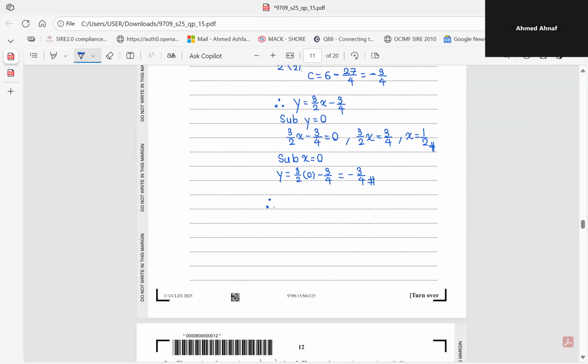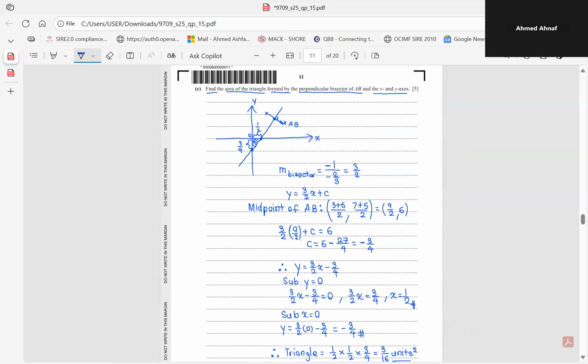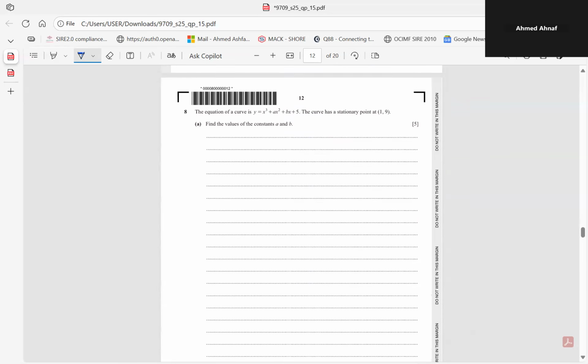So the area of the triangle would just be half times x, which is half times 3 over 4. And this would be equal to 3 over 16 units squared. So this is our final answer for this part, as well as this entire question. Let's head on to the next question.